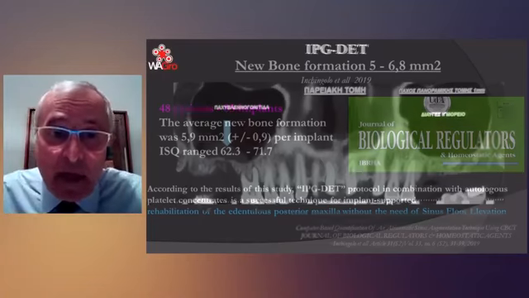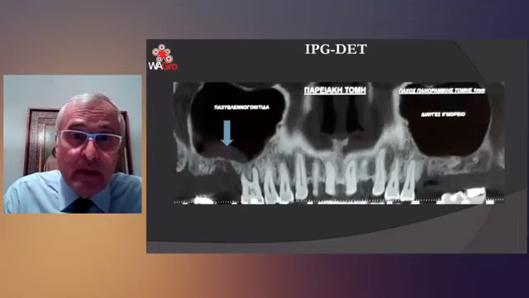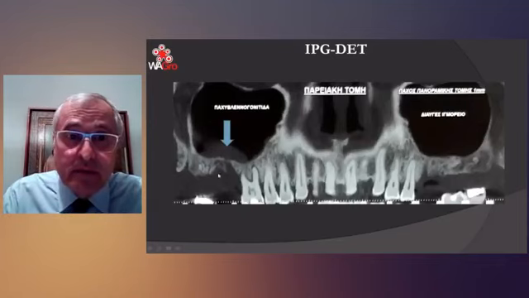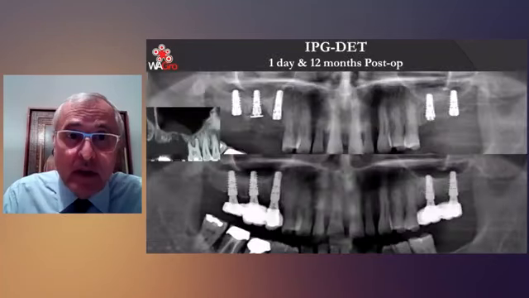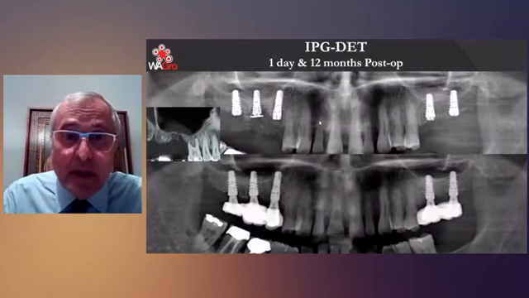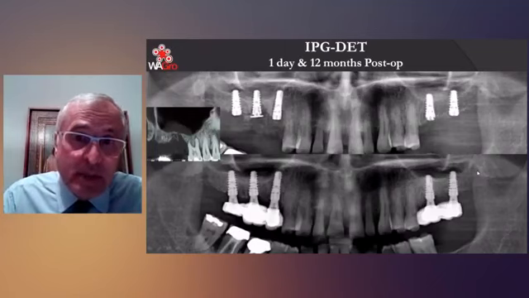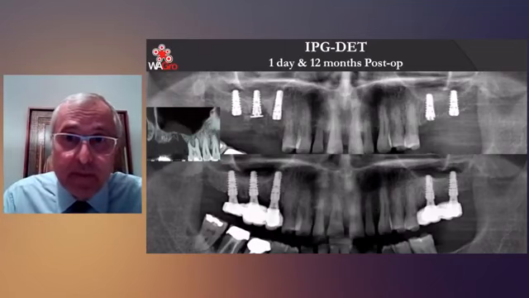I'd like to show you some cases. Let's see this case here. No bone, we have rotation, but we can place implants here. You see the implants and also the implants after loading, 12 months post-op.